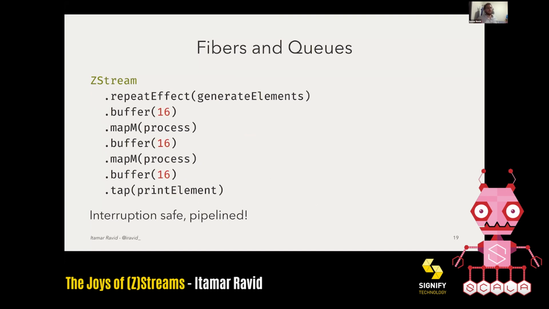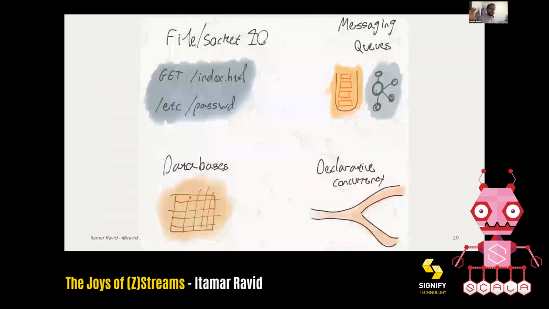So these are some red flags you should be watching out for, and these are the killer use cases, right? If you're dealing with file or socket IO or any sort of messaging queue like Kafka or RabbitMQ or any other queue, or you're dealing with databases and you're fetching result sets, or you want to do some sort of concurrent processing in a declarative fashion and not tear your hair out dealing with interruption and deadlocks, well, streams are definitely the answer.